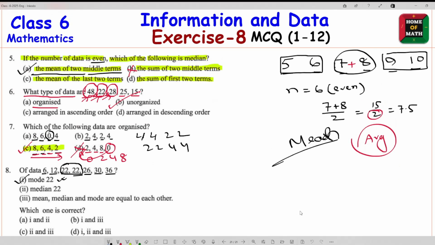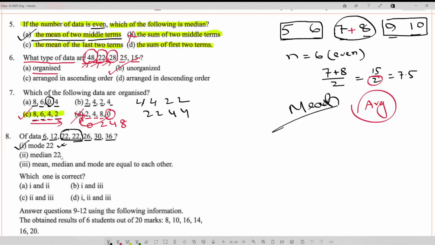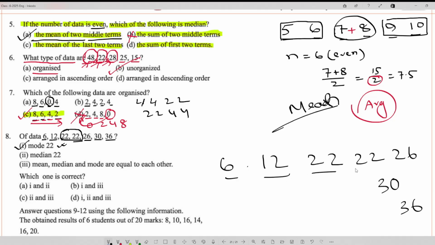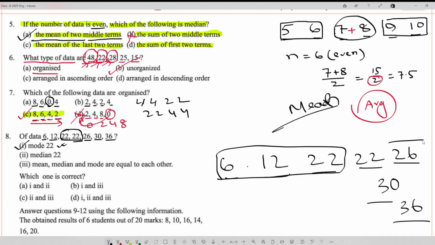Okay. Now, median is 22. Let's check. 6, 12, 22, 22, then 26, then 30, then 36. So, 1, 2, 3, 4, 5, 6, 7. So, this one part, and 26 and 30, 36 one part, 22 is a middle part.